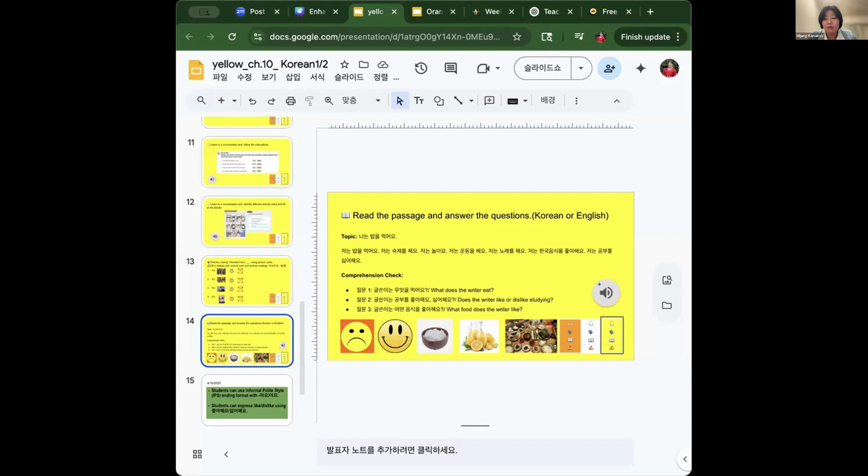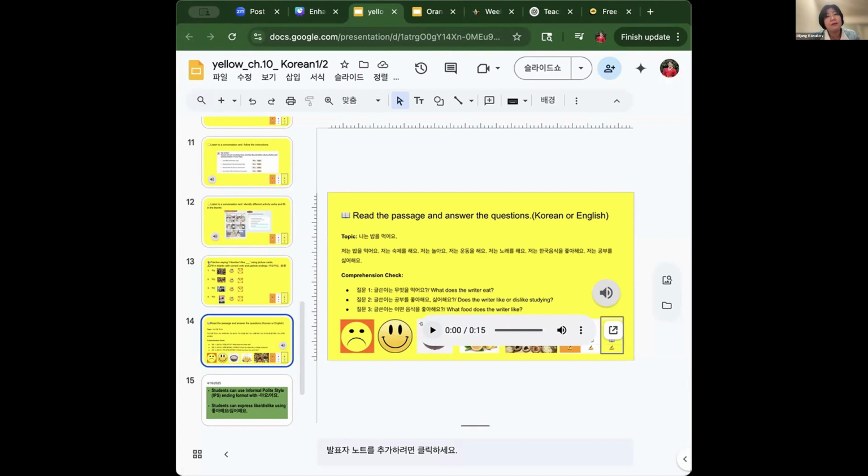Then of course I converted the text to speech, recorded it, and gave them the option to listen if they need extra help, because listening and speaking skills are much easier to achieve.